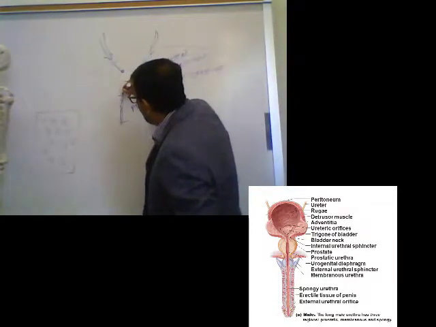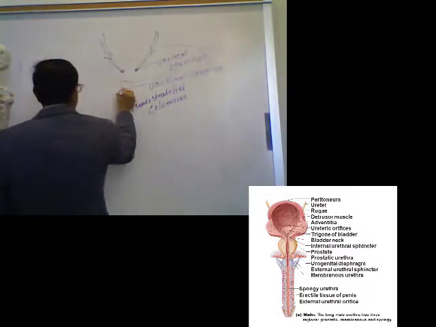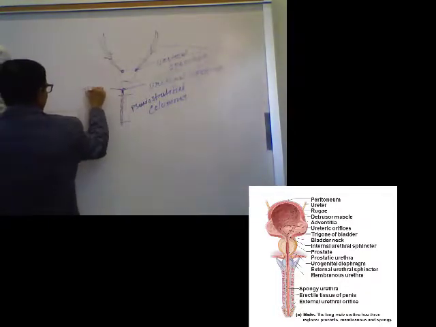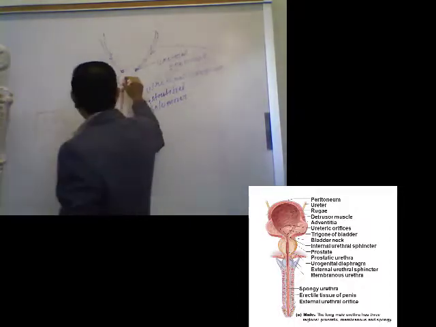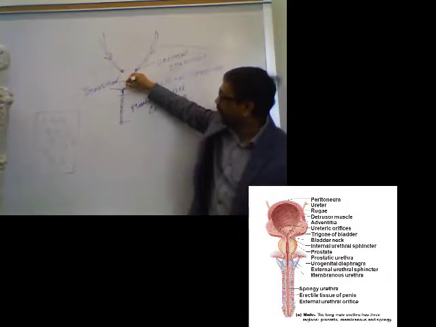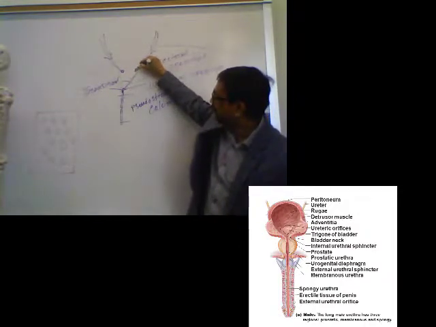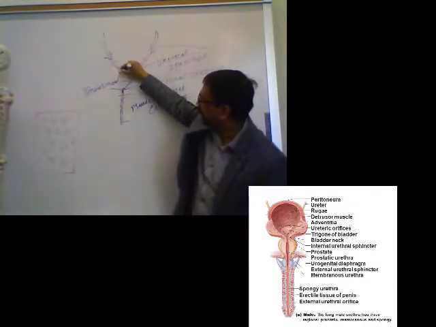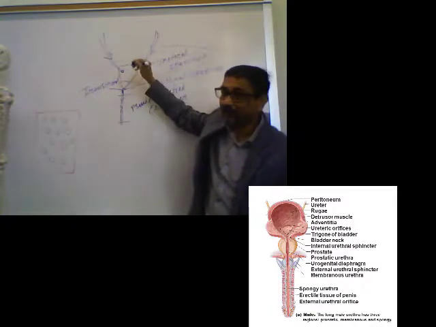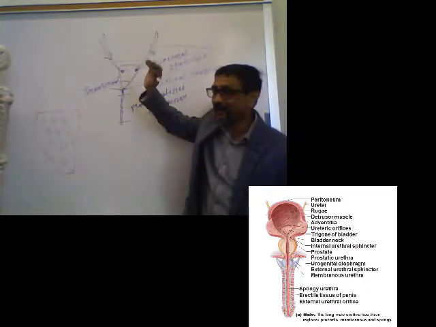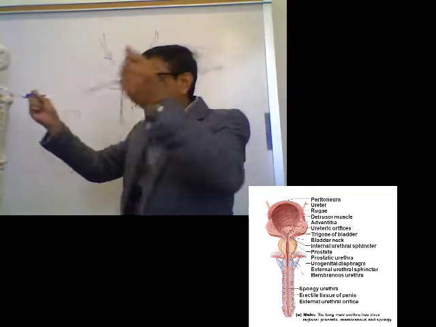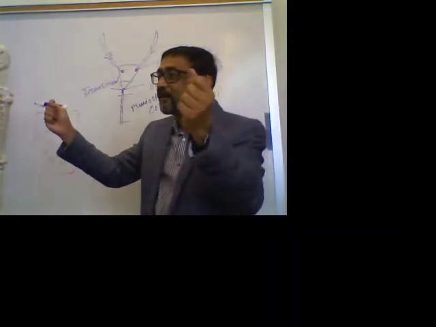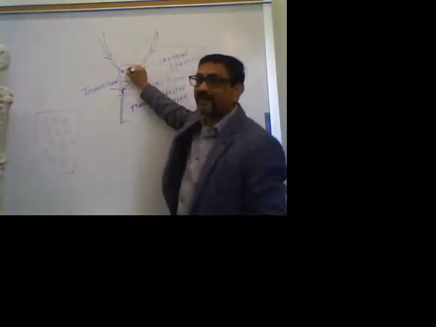Only the very first part is transitional. That makes sense because urinary bladder has what kind of epithelium? Two important functions I mentioned, right? Doesn't let the water pass through it and can stretch, right? So what kind of epithelium urinary bladder has?